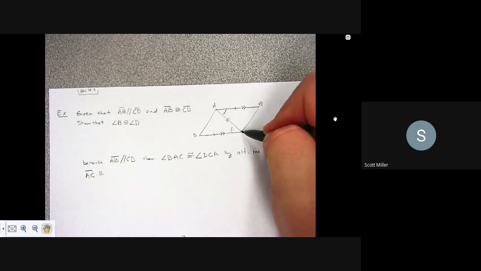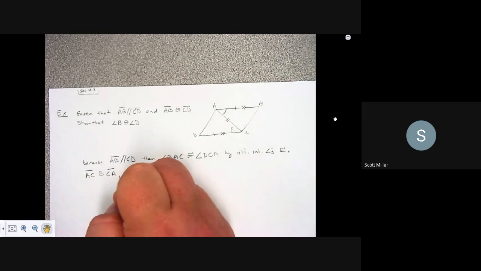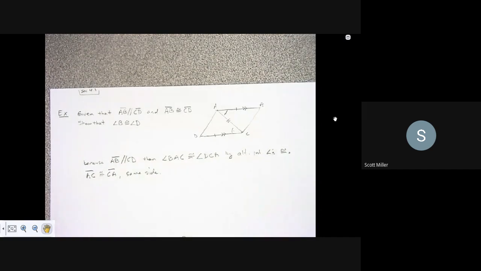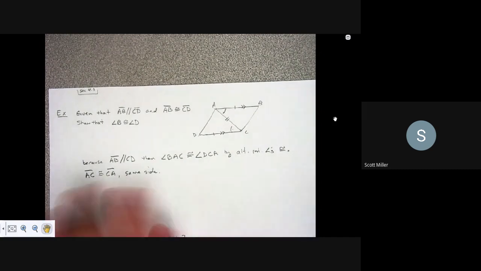So this one is read C to A, C to A. Why? Because they're the same side. Now your textbook will have a different name for this. They call it the reflexive property. It doesn't just say they're the same side.